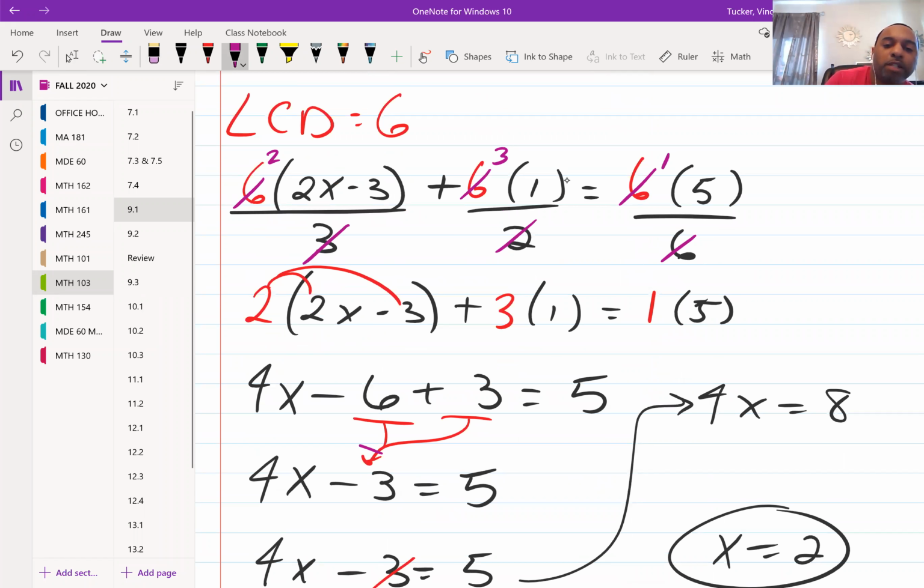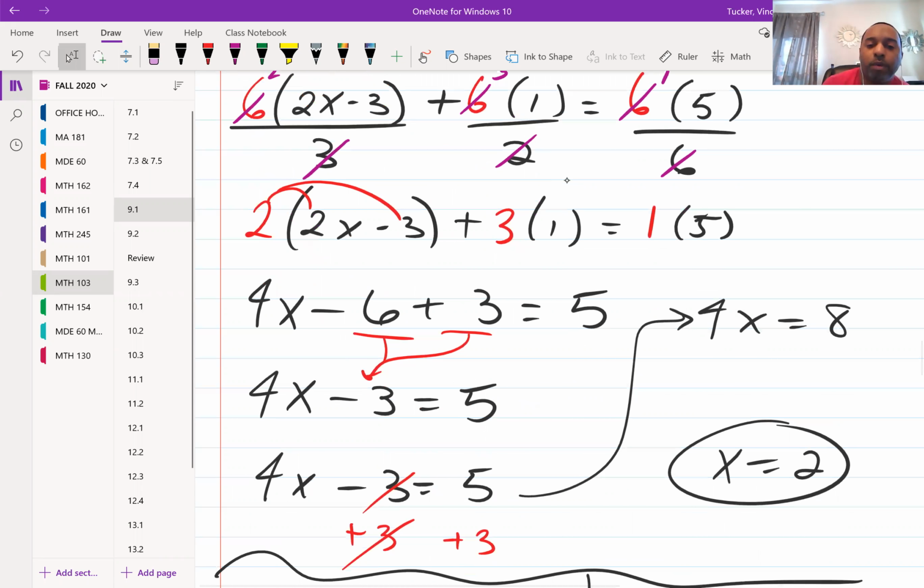So you have 4x minus 3 equal to 5. Add 3 to both sides. The 3's cancel. And that'll leave you with 4x equal to 8. Finish it off by dividing by 4. And x is equal to 2.